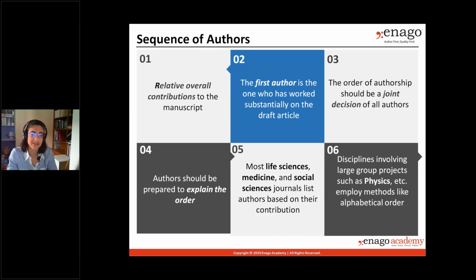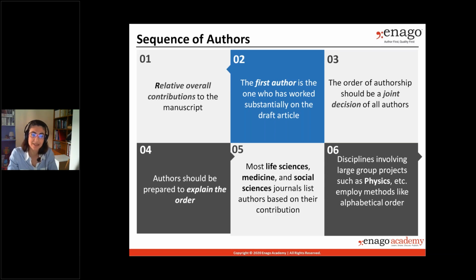In life sciences and medicine, as well as social sciences, the list of authors is usually based on the contribution. I'd say in the biomedical sciences, where my background is, it's almost always based on the contribution, the amount of effort, intellectual input, time devoted by each individual for the publication.